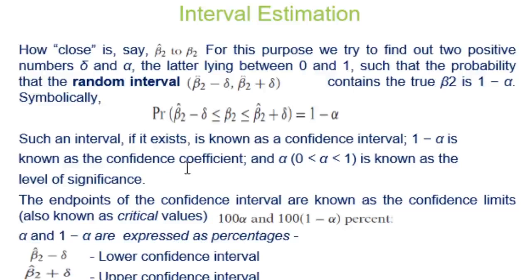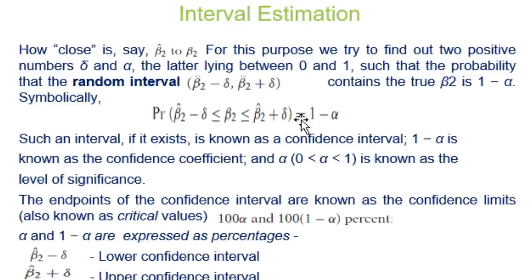Such an interval, if it exists, is known as a confidence interval. Here, we assume that the estimated beta 2 cap is equal to the true beta 2 within this interval.